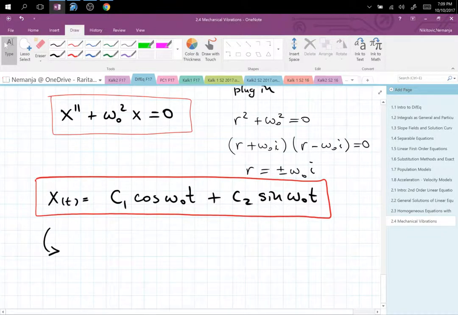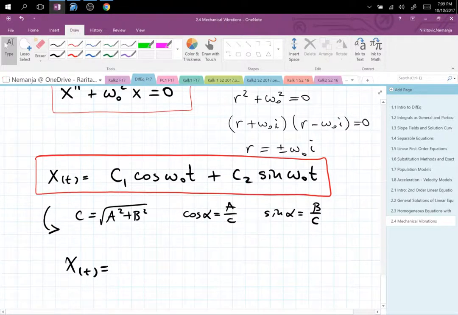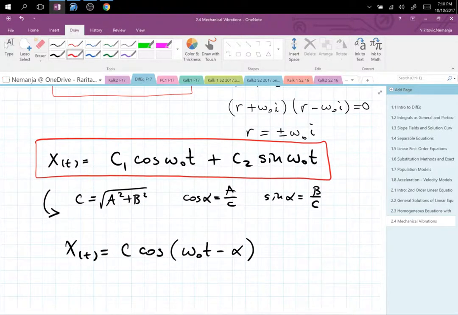By writing that C is equal to the square root of A squared plus B squared, and cosine alpha is A over C, and sine alpha is B over C, and applying all of these things, you get x of t equal to C cosine of omega 0 t minus alpha. Whew. Remember this one from PreCalc?